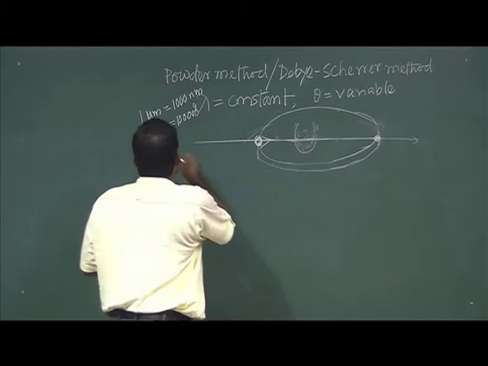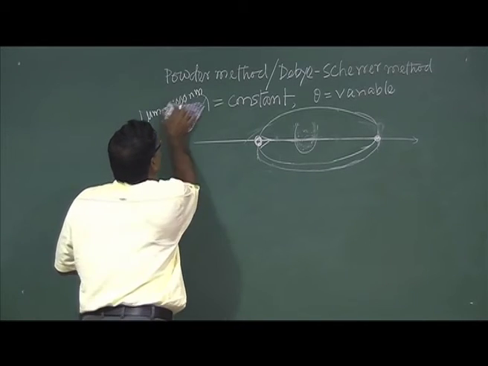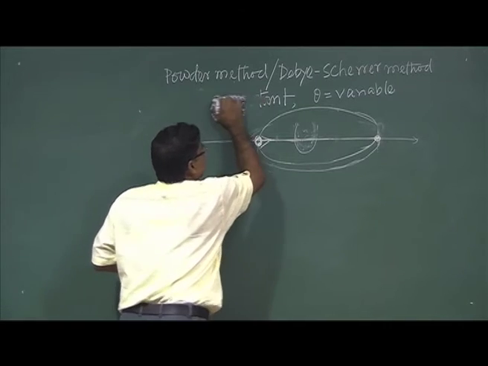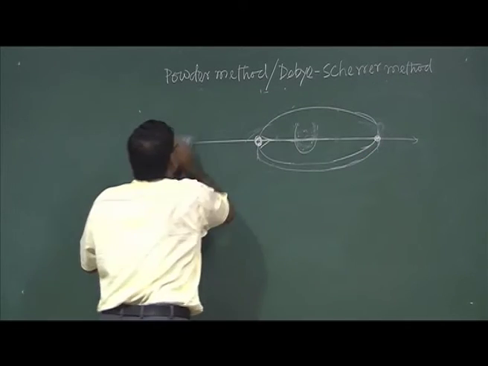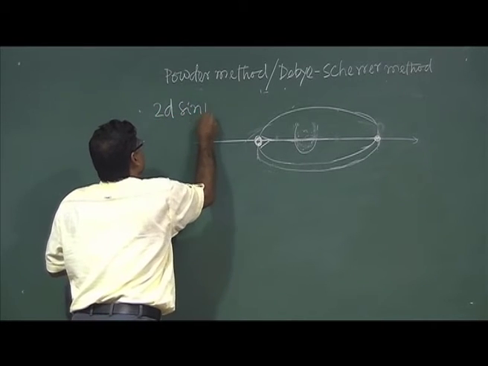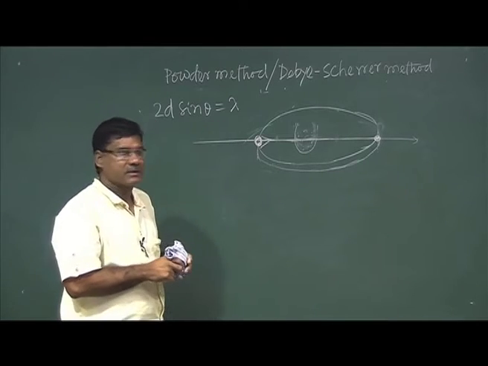Now, 2d sin theta equal to n lambda. We take first order, so n is 1.